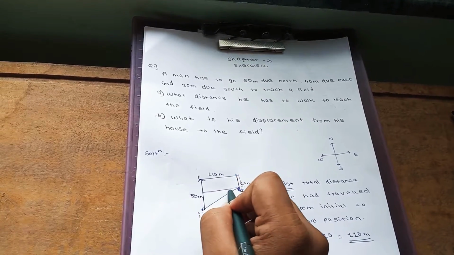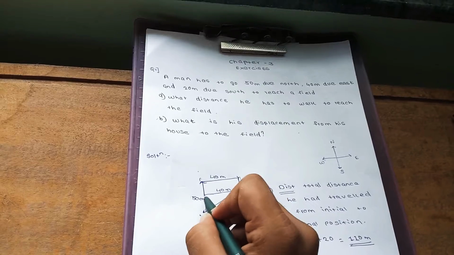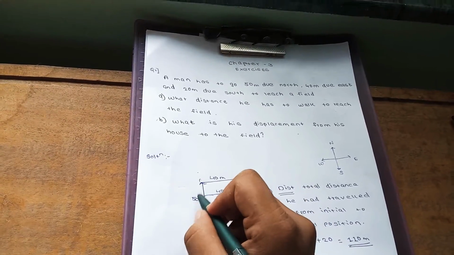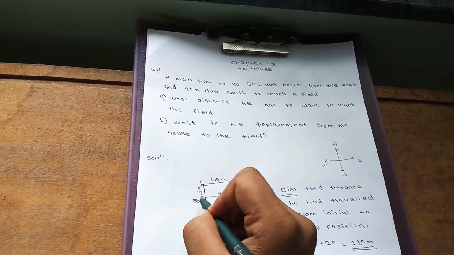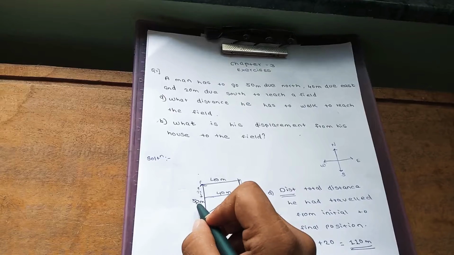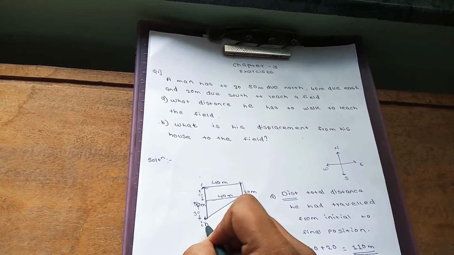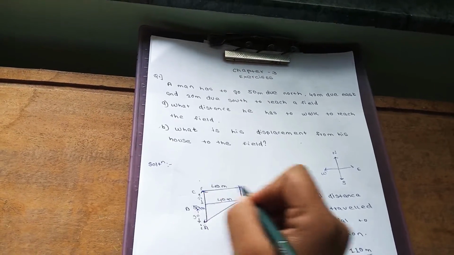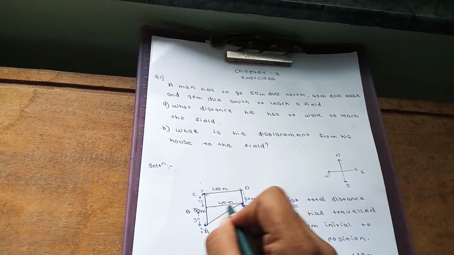Okay, if this is 40 and this is also 40 meters, and this whole is 50, and this is 20, so 50 minus 20 is 30, so this distance will be 30. So AB would be 30 and BE would be 40.